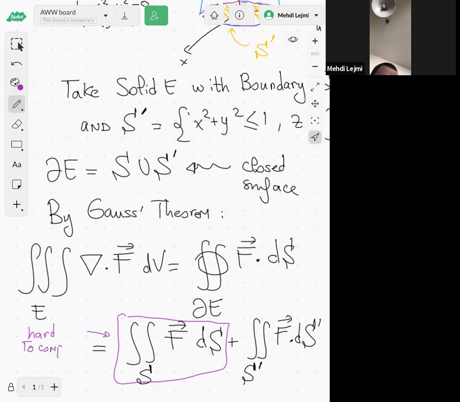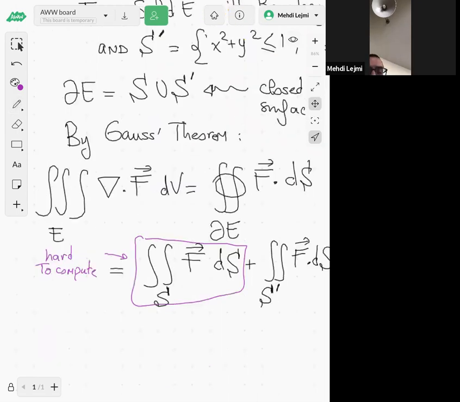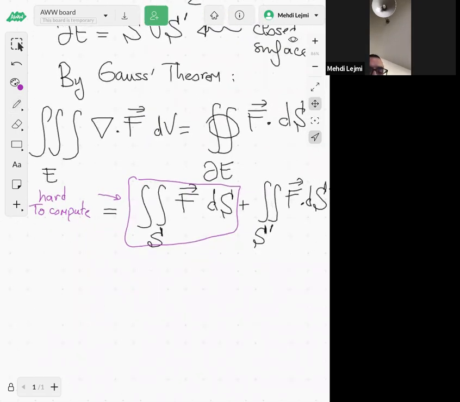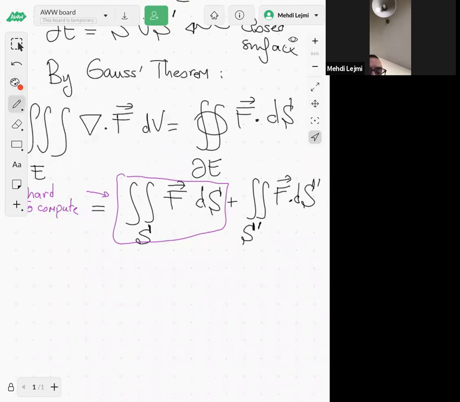Now the question: why would Gauss theorem be helpful in this case? Well, the claim is the divergence of my vector field F is 0.